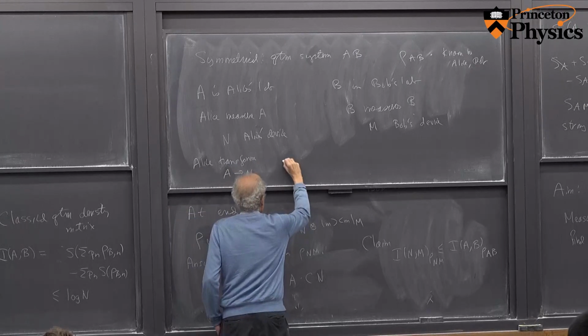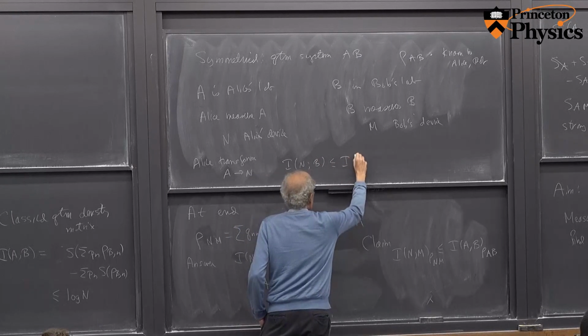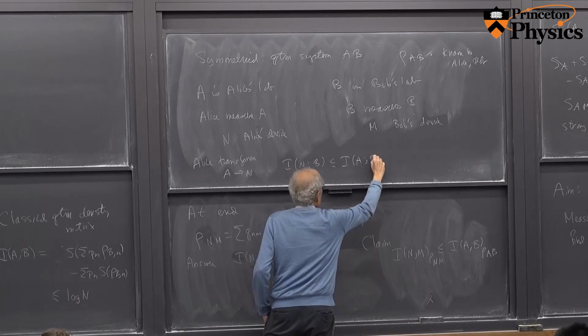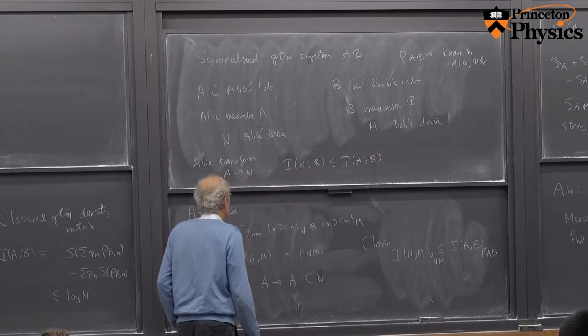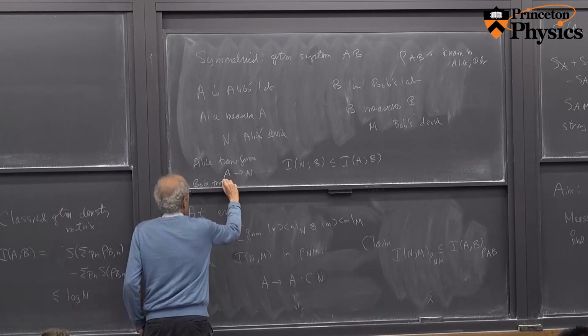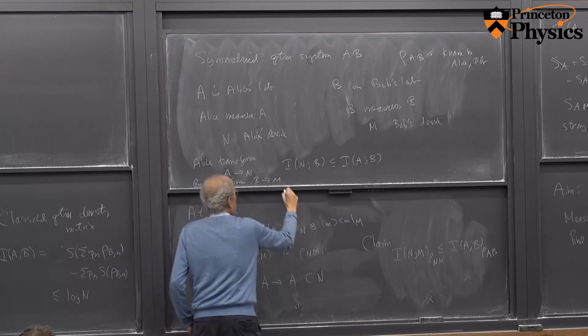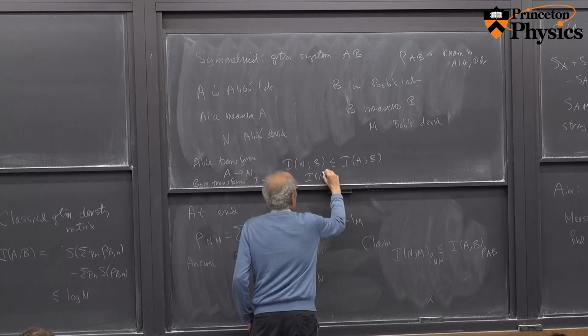and then monotonicity of relative entropy says that will only reduce the relative mutual information. And then Bob similarly transforms B into M. And that, again, only reduces.